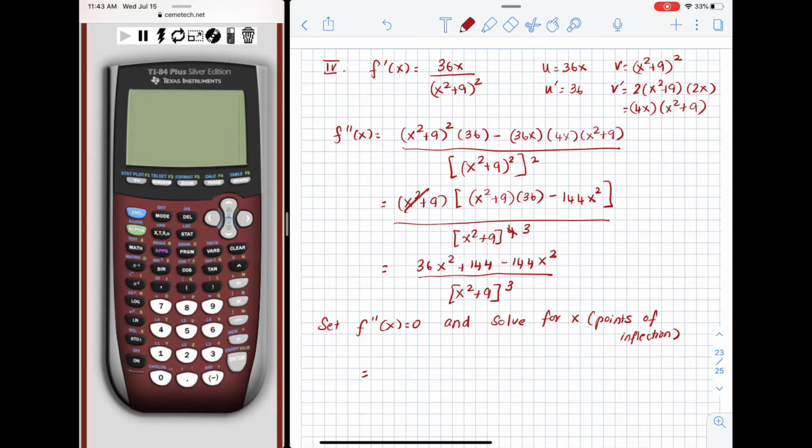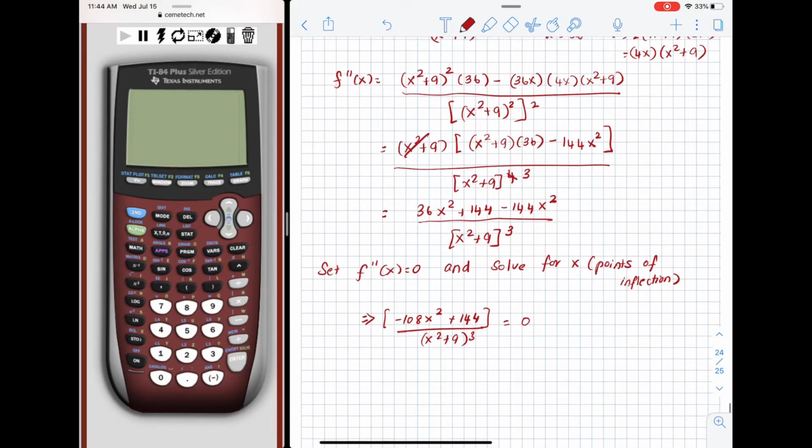So we have negative 108x squared plus 144, divided by (x squared plus 9) cubed. It's not 108, I'm sorry. Bad math there. Oh yeah, that is correct.